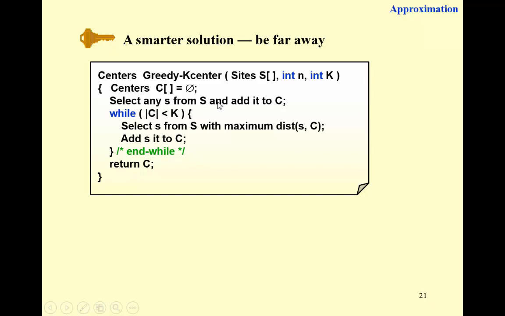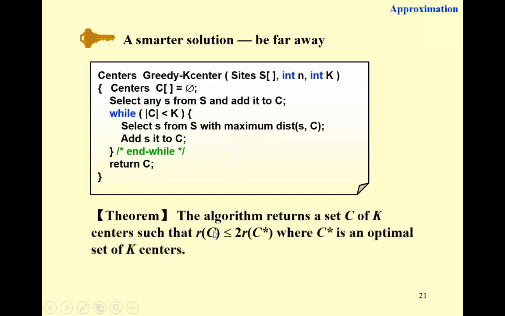So will it be a better solution? Here's the theorem. It says this algorithm returns a set of k centers such that the radius is bounded above by 2 times the optimal solution. And this can be proved by contradiction again.